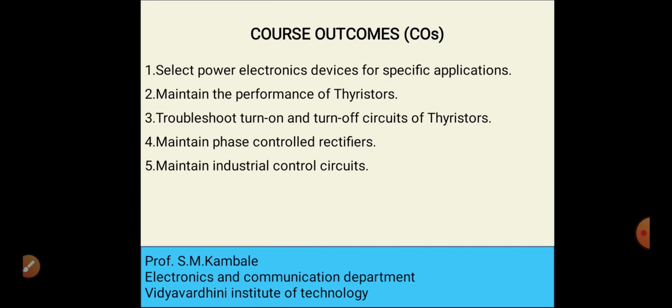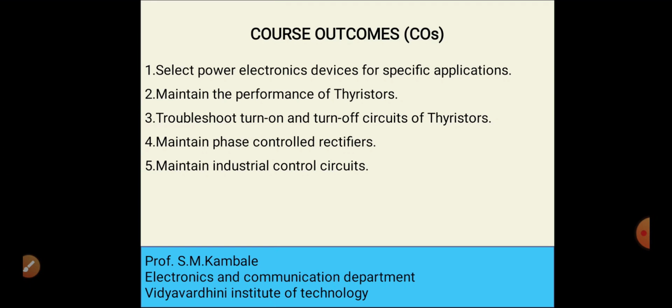The thyristor family is nothing but the SCR, silicon controlled rectifier, LASCR, light activated silicon controlled rectifier, SCS, GTO, gate turn off SCR, UJT, PUT, diac, triac, etc. The whole performance of the thyristor, its types, its working, its VI characteristic will be seen in the second unit.